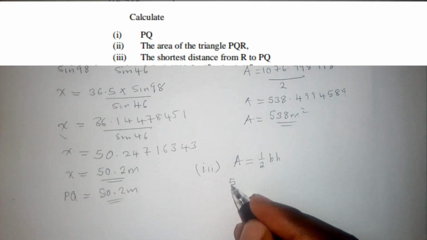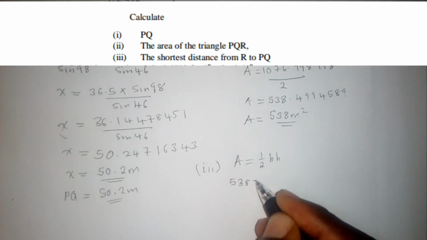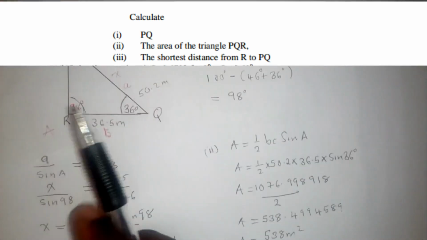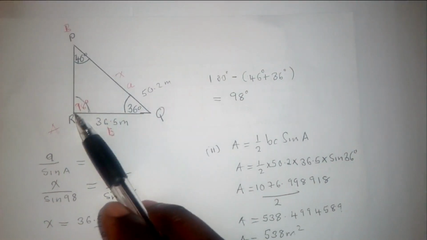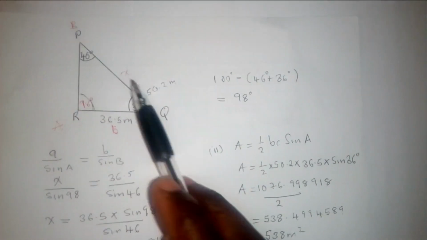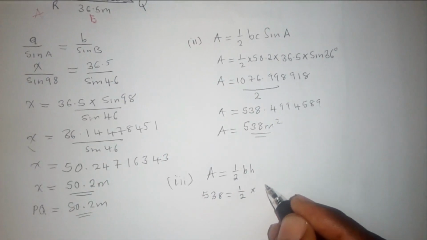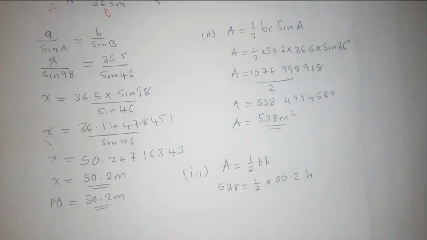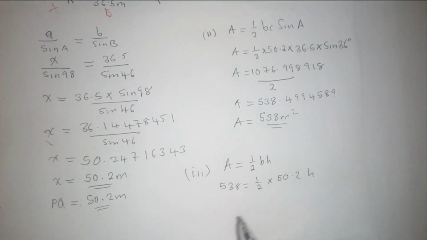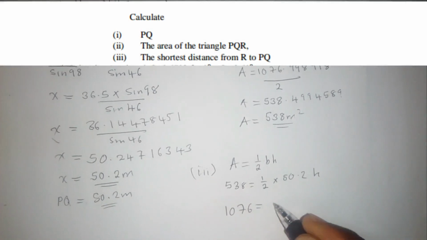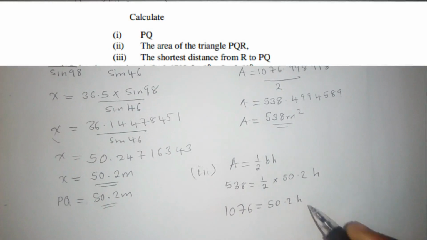So we put the area we found, 538, equal to 1/2, and then B is the distance from here to here, 50.2, multiplied by H. We can cross multiply 2 by 538. We have 1076, which is equal to 50.2 H.